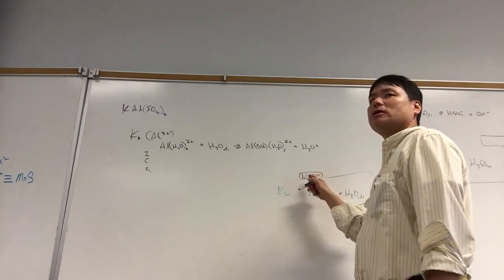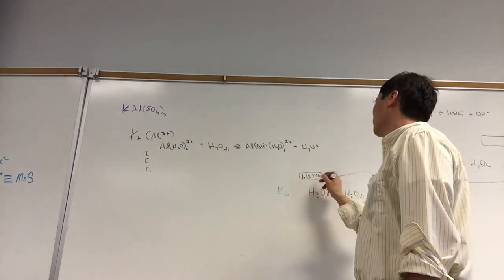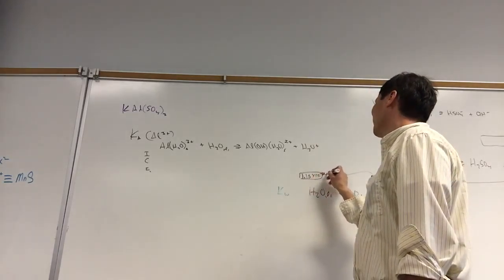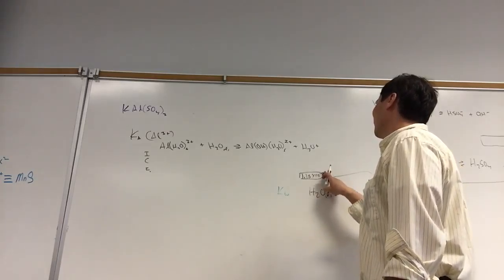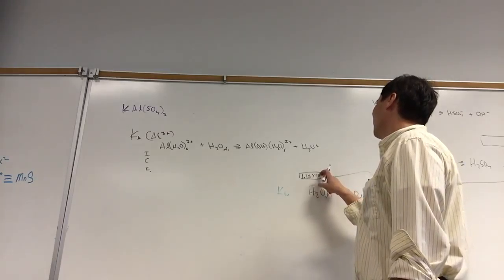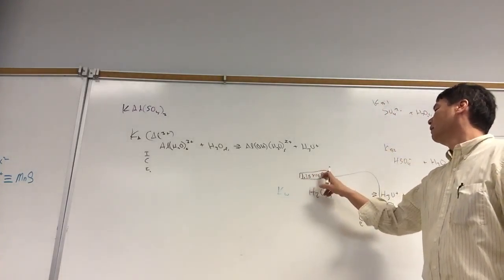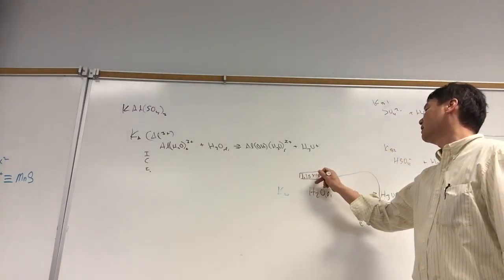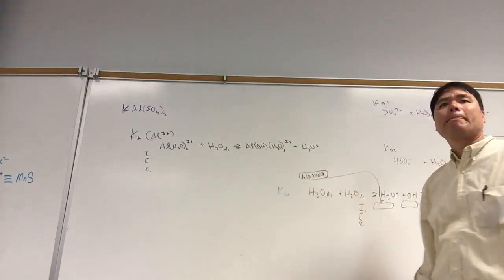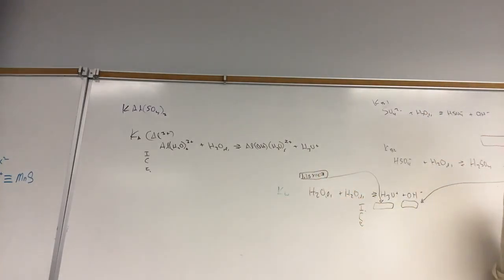For the hydronium concentration, yeah, I got 1.18 times 10 to the negative 3. So the pH is around 3 or 4. pH 3 or 4, this is pretty acidic, right? That's pretty acidic. What was the hydroxide from this step?